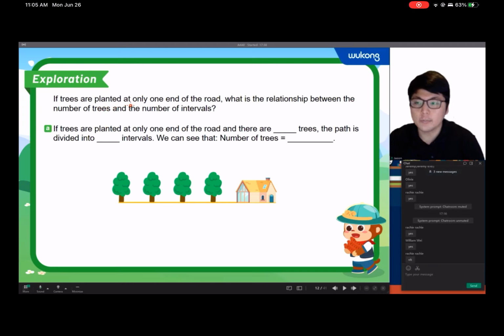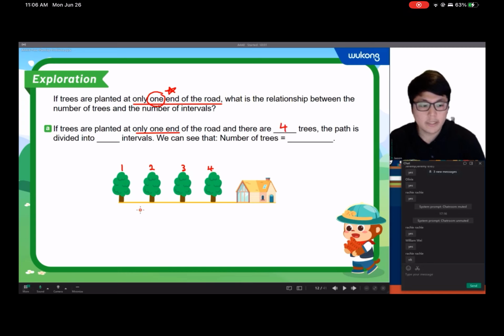if trees are planted at only one end of the road, it's not at both ends anymore, guys. It's not at both ends, only one end. So, like I said, only one end. Then we have, first of all, 1, 2, 3, 4.